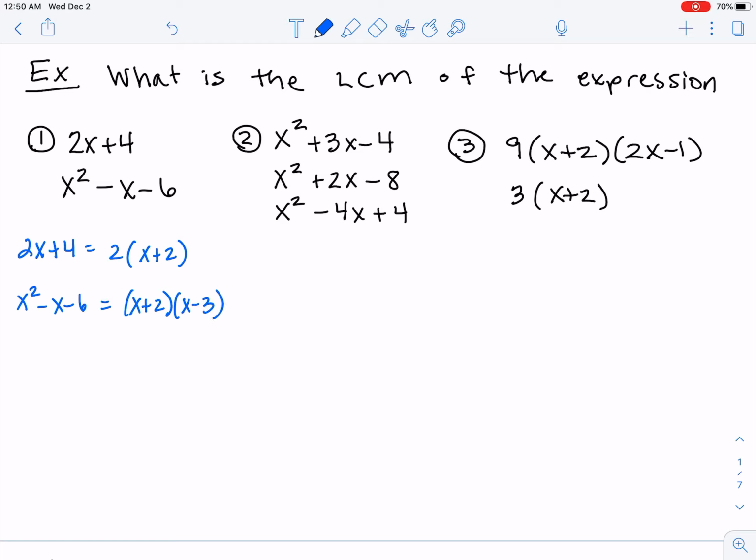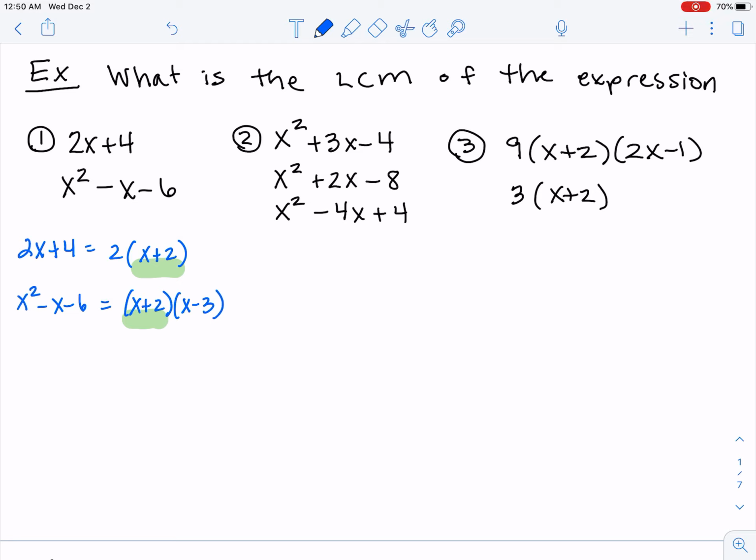All right, so now we've got all of these factors, and what I notice is that it has an x plus 2 in common.